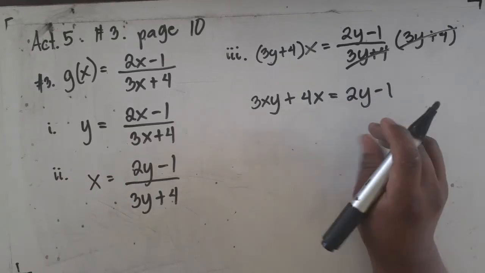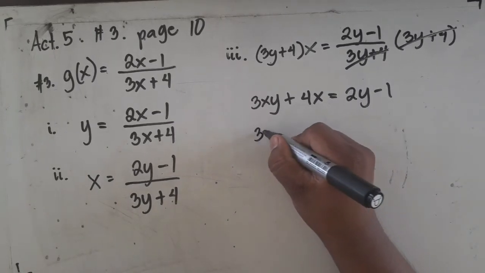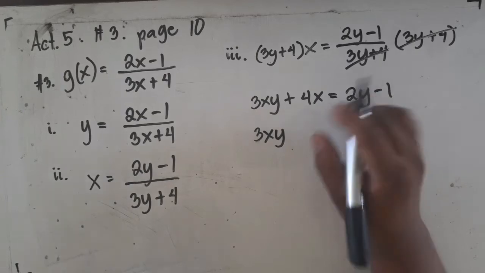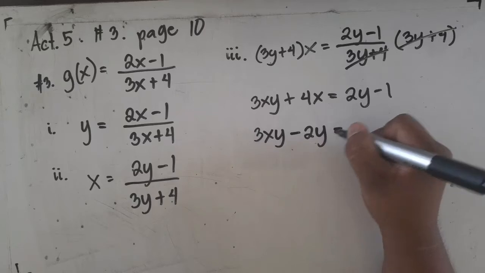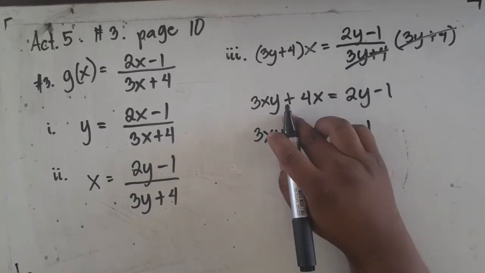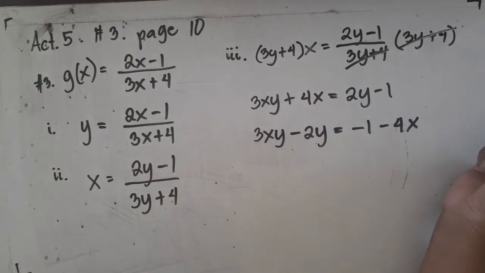Para makuha nato si y, tipokon nimo tanan y, so you have the 3xy. From positive in the right side, balin nimo sa left side, that will become negative, so you have negative 2y. From negative 1, this is positive 4x. Ibalhin mo sa right side, from positive, that will be negative 4x.